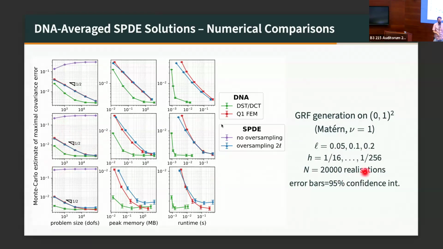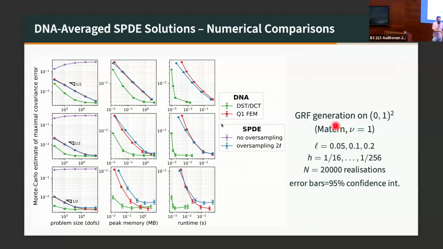We ran from a 16 by 16 grid up to a 256 by 256 grid. For the SPDE, we use oversampling of 2 correlation lengths. That means we oversample by 0.1 on each side for the first row, and by, for example, 0.4 for the last row. And the Matern is nu equals 1. That means we only have to apply the PDE operator once.